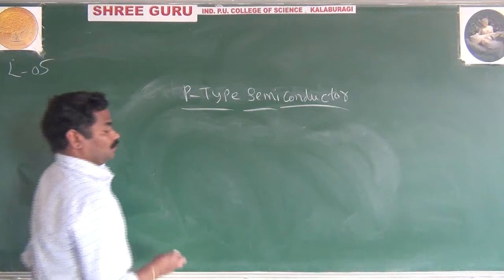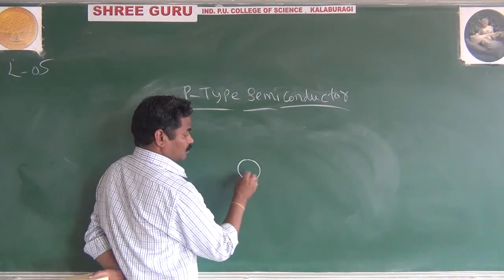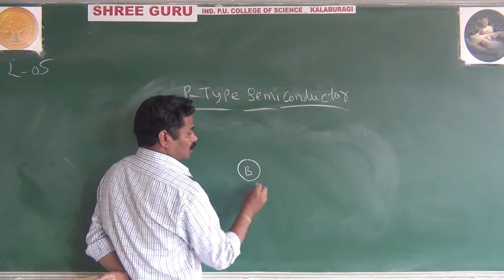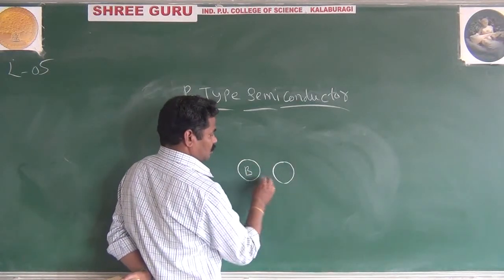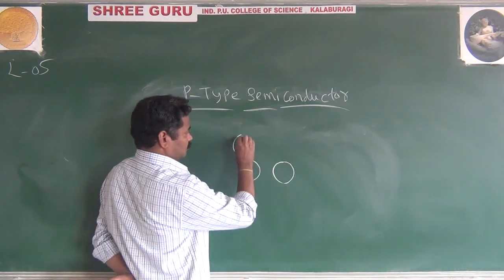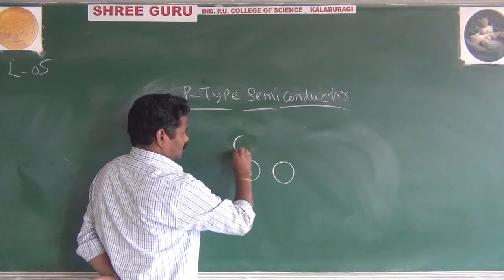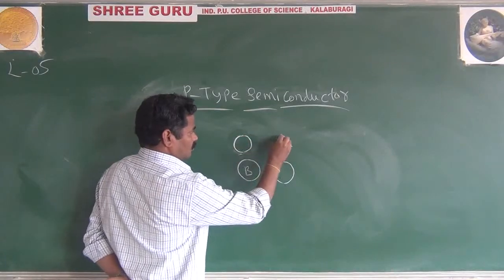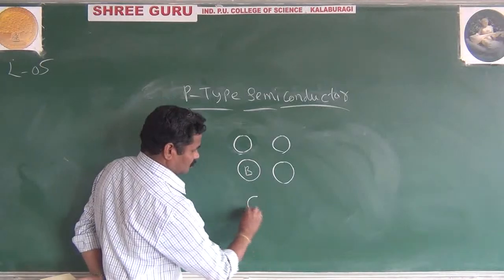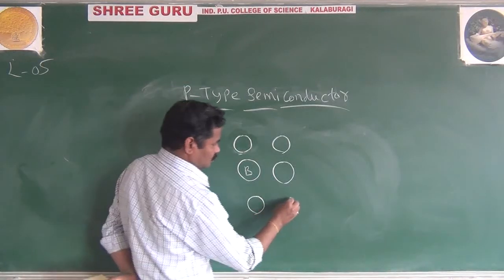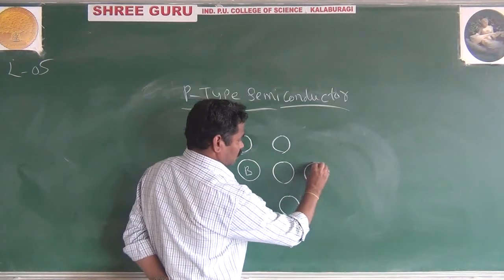Look here, as usual, in between you take the boron, this is your boron, and surrounding the boron you have the silicon atoms.